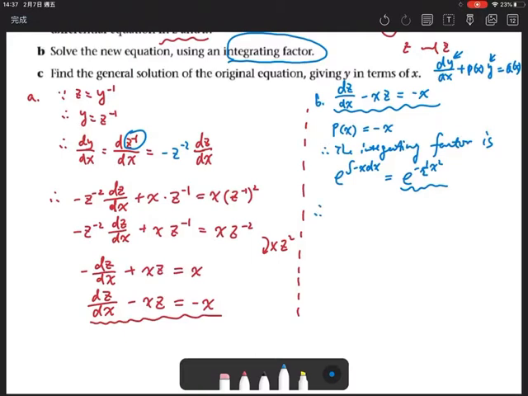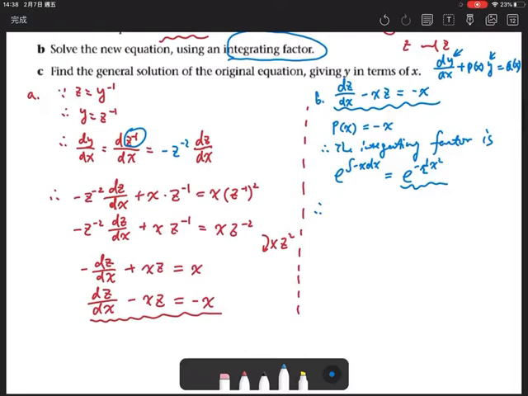Now we multiply the integrating factor, so we get e to the power of negative x squared over 2 times the differential equation. After that it becomes the type in section 4.2, where one side can be written as the derivative of a product.